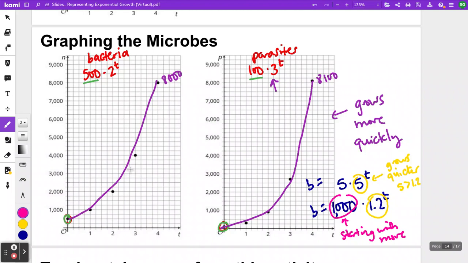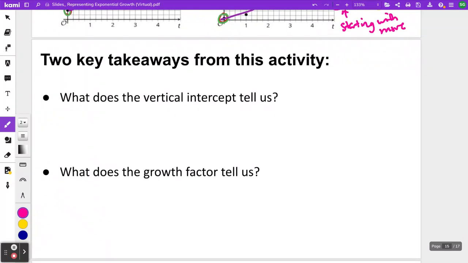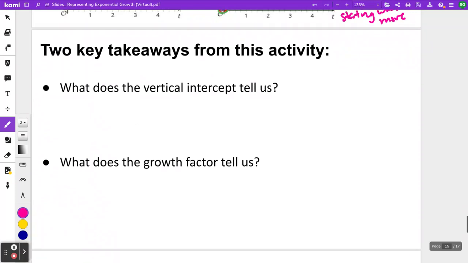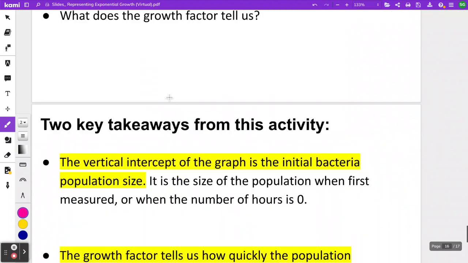So to summarize, there's 2 key takeaways from this activity with the graphs. And that is, what does the vertical intercept tell us? And what does the growth factor tell us? You can answer these questions. It means you understand this lesson. So for that first part, what does the vertical intercept tell us?